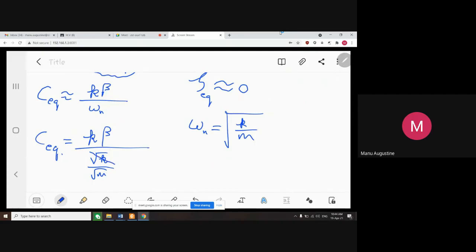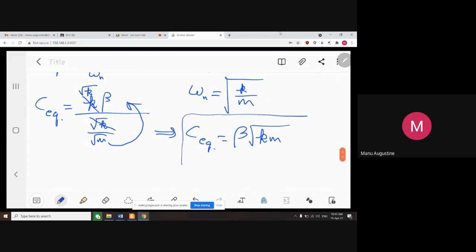So under root of k will get cancelled out and you will get under root of k here. So eventually what you are going to get is the C equivalent. This under root of m will climb up at the numerator. This is equal to β root k m. This is what we wanted to do.